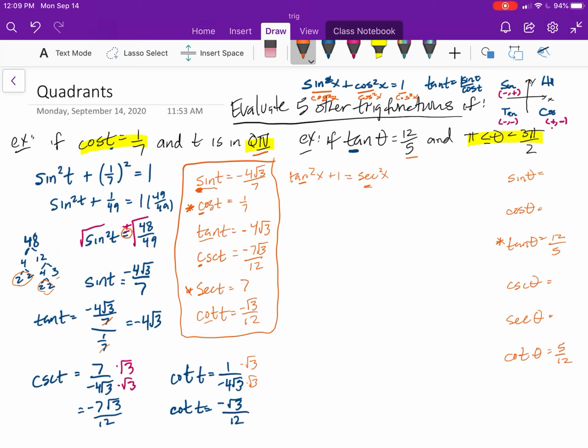All right. And then I'm going to look. It tells me theta is between pi and 3 pi over 2. Remember that pi is 180 degrees, 3 pi over 2 is here. So therefore, I'm somewhere in here, which means I'm in quadrant 3. And if I'm in quadrant 3, only tangent and cotangent are positive. Okay, the rest I know are negative. It's a good habit to almost think of that first.